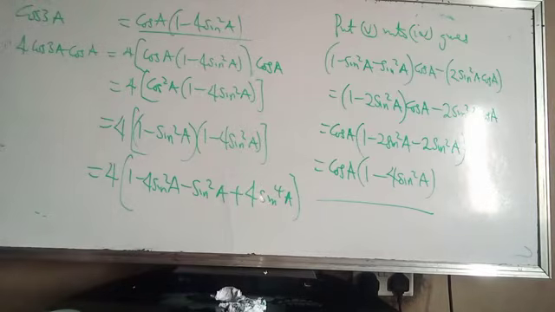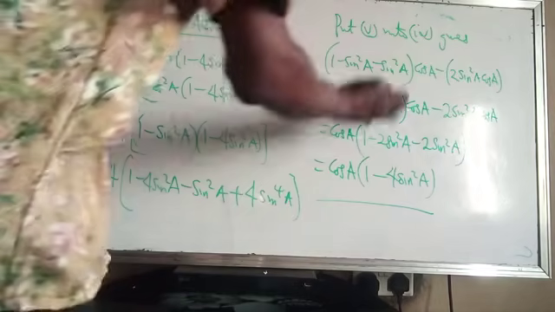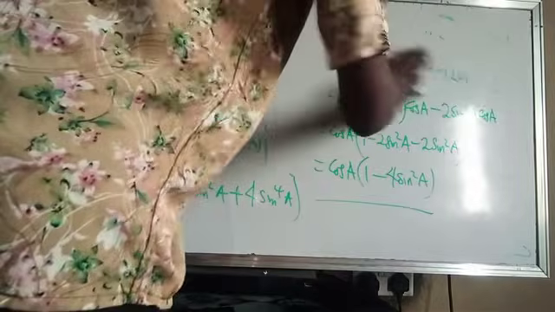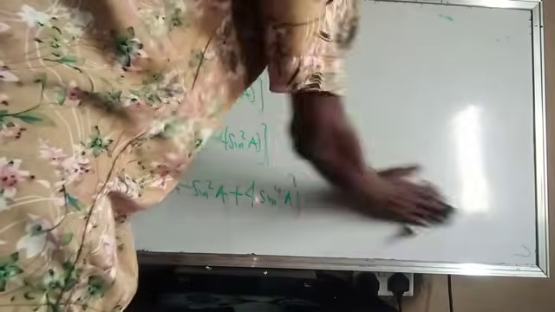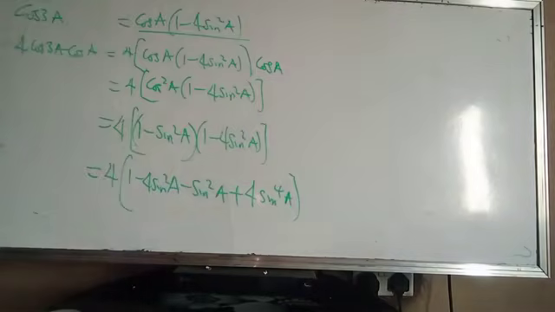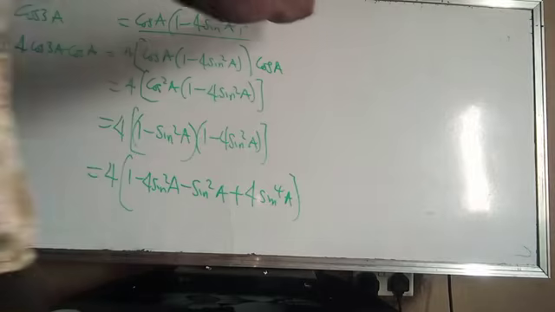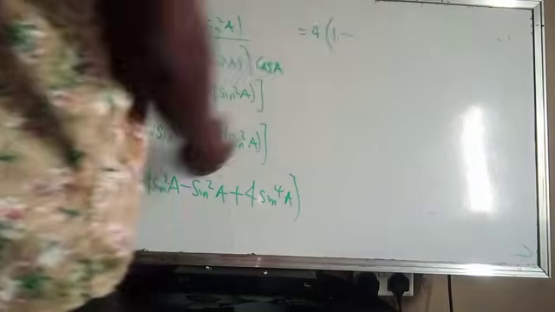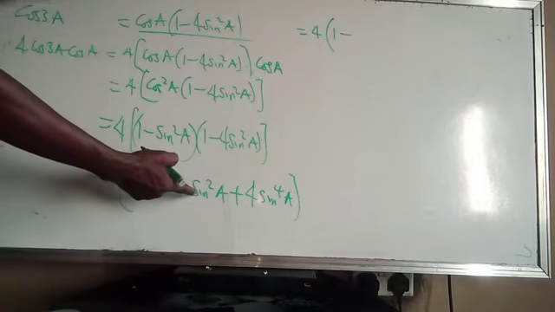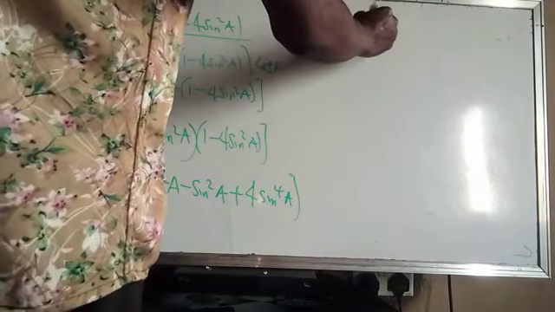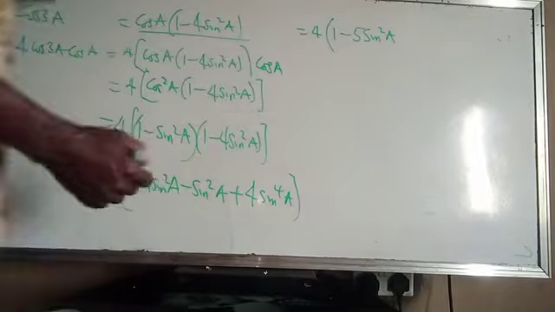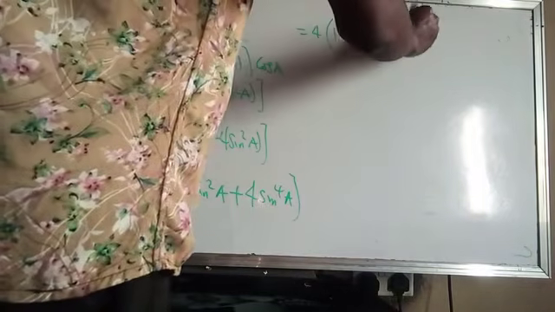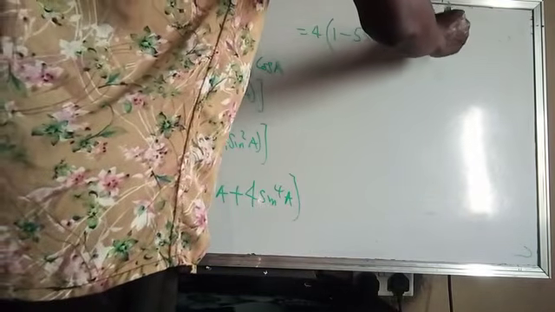Okay, so the next now is, let's look at this. We have what? This will be 4 into 1 minus 4 sine square A minus sine square A, that's minus 5 sine square A, then plus 4 sine raised to power 4A.